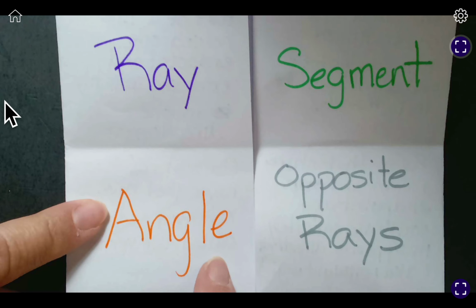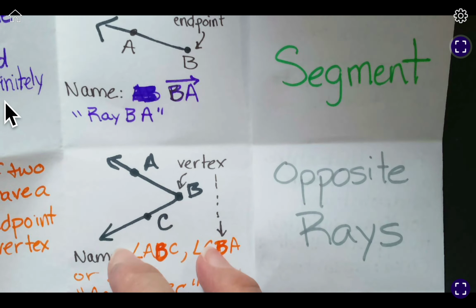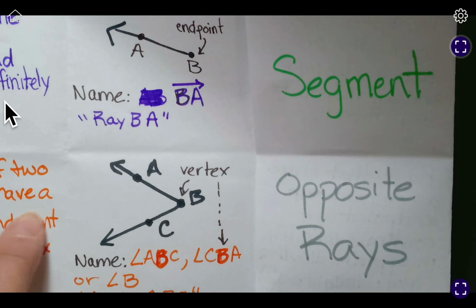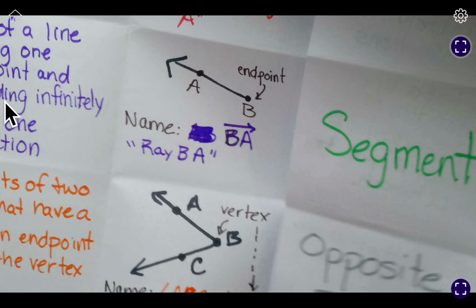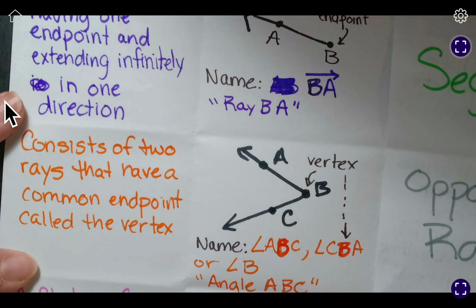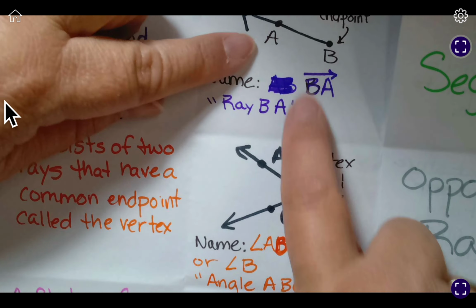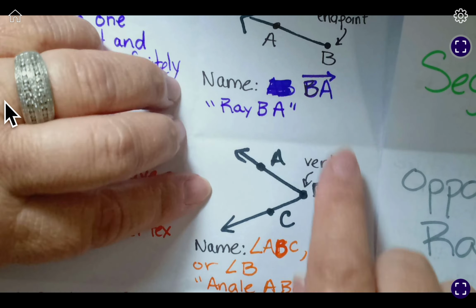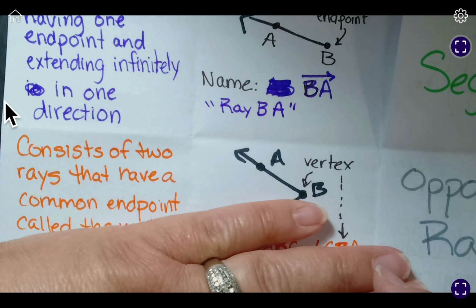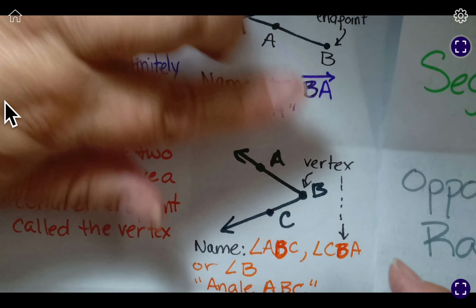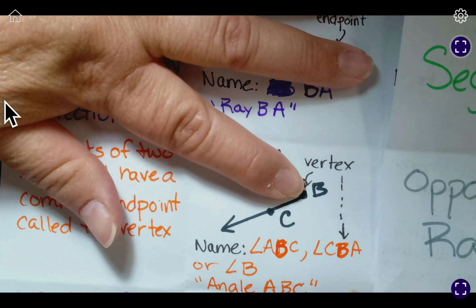Next, angle. An angle consists of two rays that have a common endpoint called the vertex. This here, see, here's the ray like that. That's a ray right there. That's a ray. And see that? That's a ray right there.